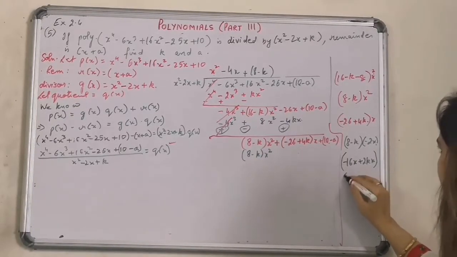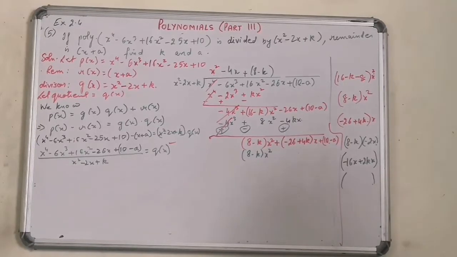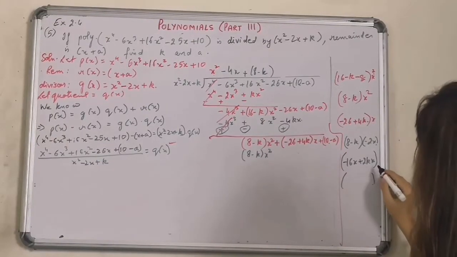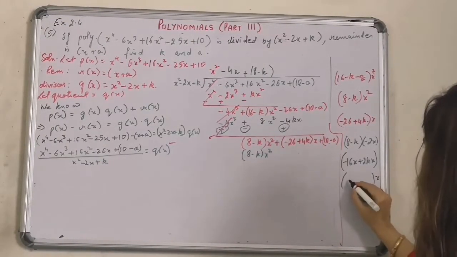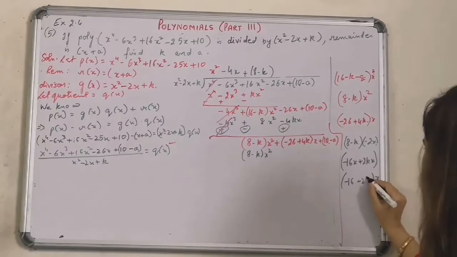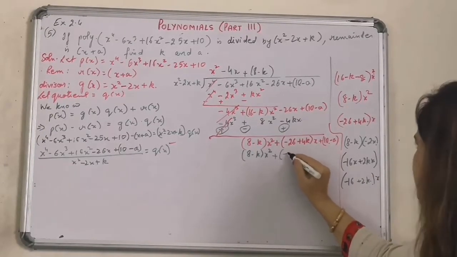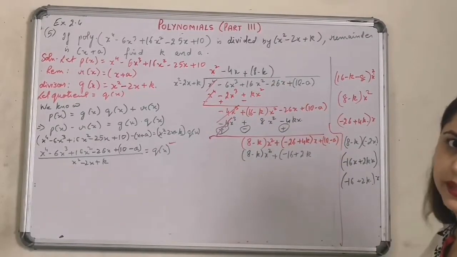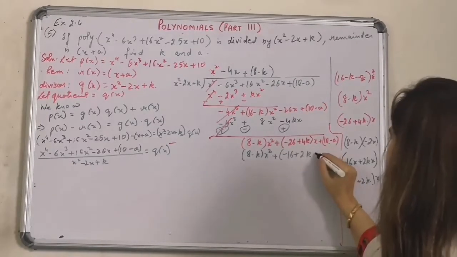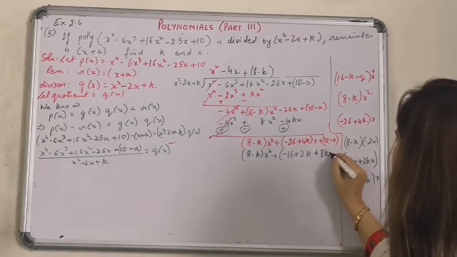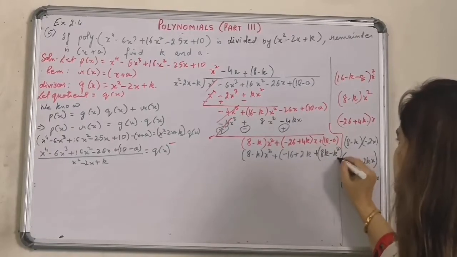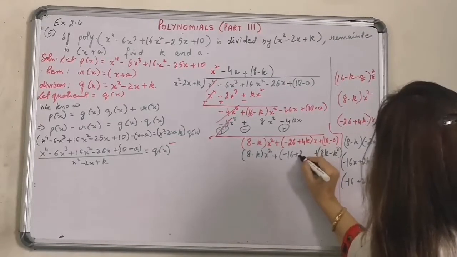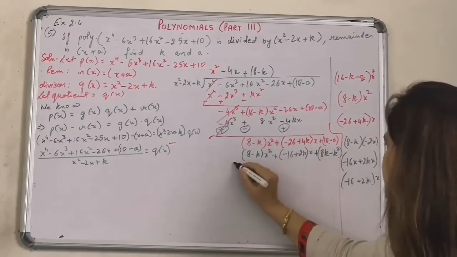If I take out x common, it will be minus 16 plus 2k. And now 8 minus k is going to multiply with k. We get 8k minus k square. Mind you, the whole of this is a constant. This is minus 16 plus 2k into x. Now let's change the signs.